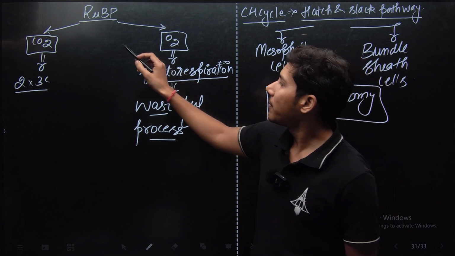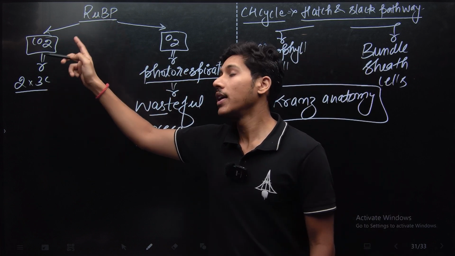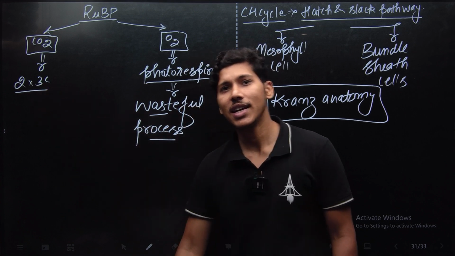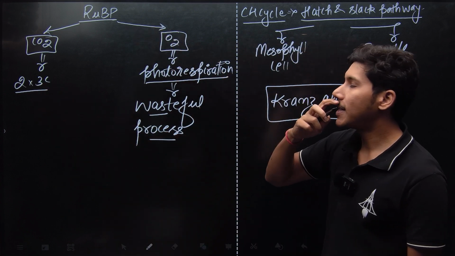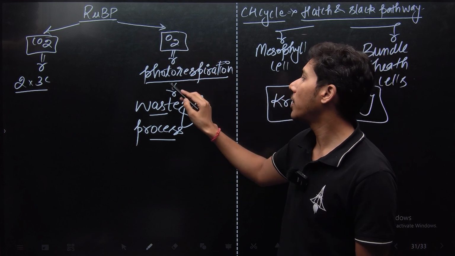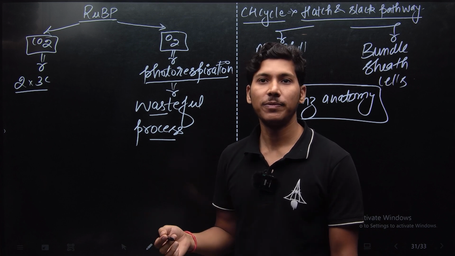If CO2 is present in large amount, then it will combine with CO2 and will produce 2 molecules of phosphoglyceric acid. If O2 is present in a larger or very high amount, then it will combine with O2 to produce 1 phosphoglyceric acid and 1 phosphoglycolate.